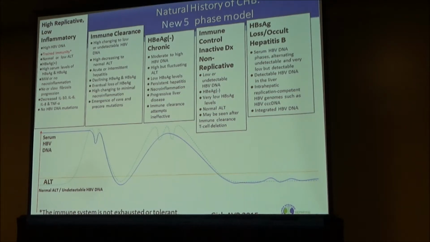ALT in a man over 30 and a DNA that's 3,000, I'm quite likely to treat. Now, if the DNA is 10 million, I'm even more likely to treat. So there's a little bit of a gradient depending on the test results. So ALT, DNA, E antigen status is going to allow you to integrate all this information and determine what phase of disease they're in.